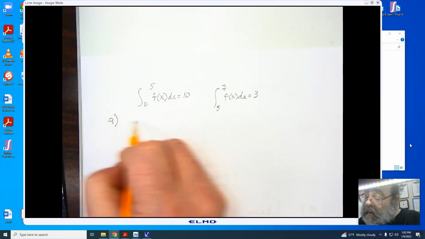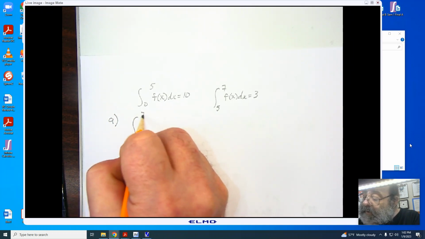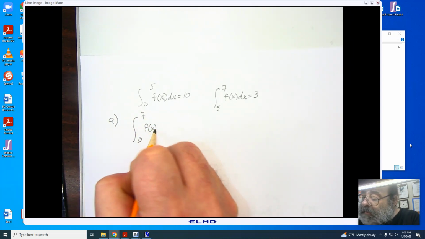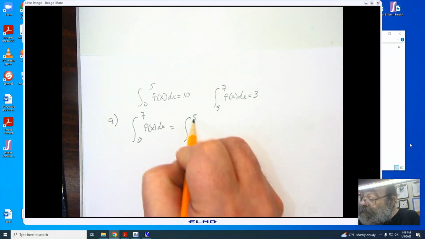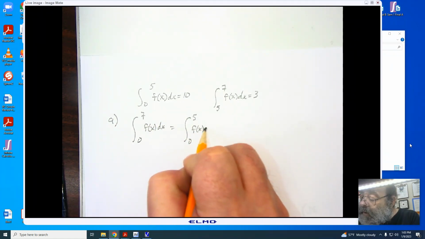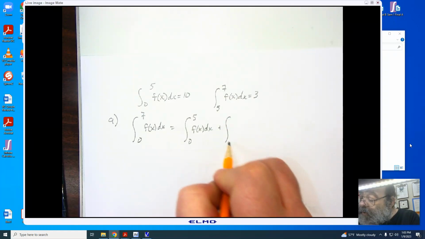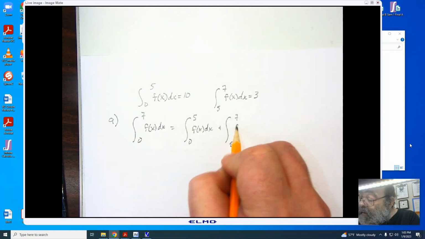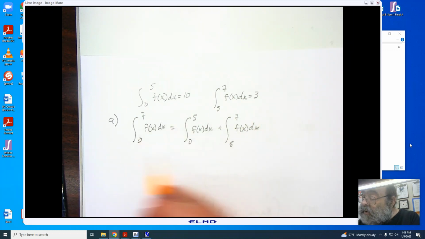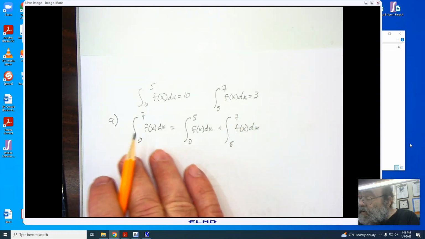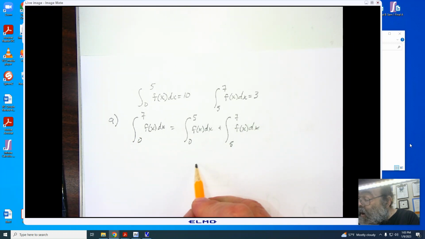So in A, we want the integration from 0 to 7 of f of x dx, which has to be the sum of the two parts, 0 to 5 f of x dx plus 5 to 7 f of x dx. Notice how this is structured, because all we're going to do now is put the missing pieces where they are. 10 plus 3, and my answer is 13 for A.